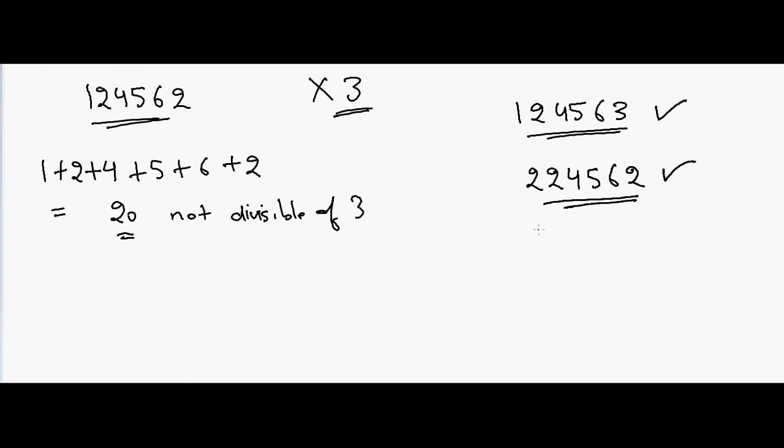Or we can say 3, 5, 6, 6, 2 and so on. What I'm doing is modifying the number just enough so that the sum will be divisible by 3. In that case the whole number should be divisible by 3. That's how this trick works.